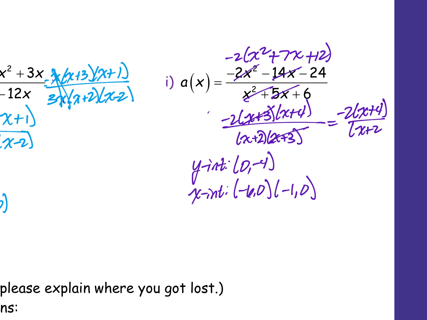Should still get a y-intercept of 0, negative 4, though. I just want to say I'm still going to get that y-intercept, right? It's just going to be my x-intercept is going to be different. And my x-intercept is going to be negative 4, 0. Is that better? Yeah? Okay. Thank you. I missed 1 out of 9. Dang. Okay.